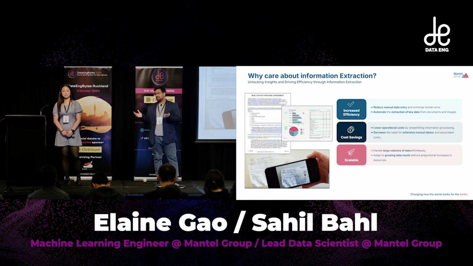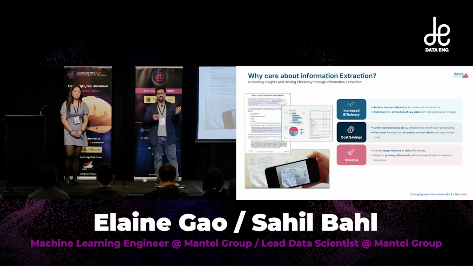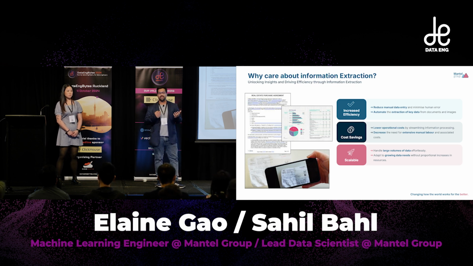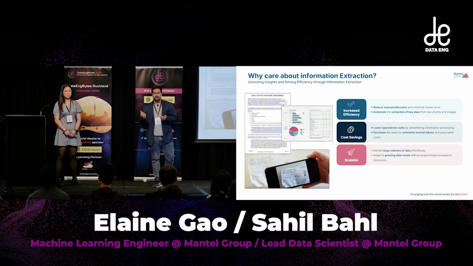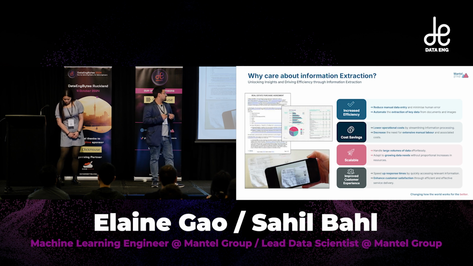The next one is scale. So in order to be able to do this at scale, there are organizations that have an abundance of data available and they can't really leverage and get insights from this until they actually process this. So it really helps with the growing data needs. And then lastly is also customer experience.